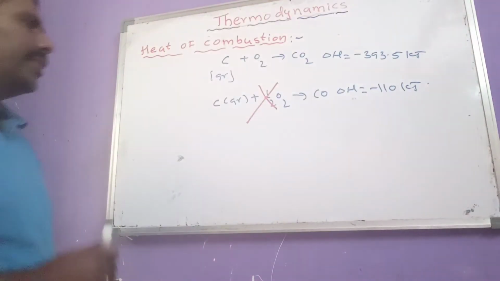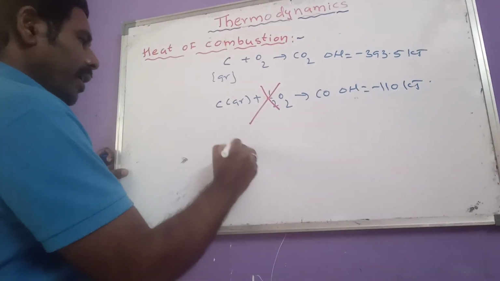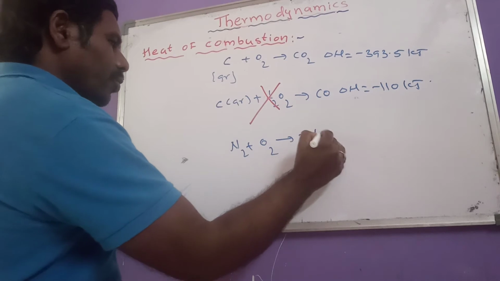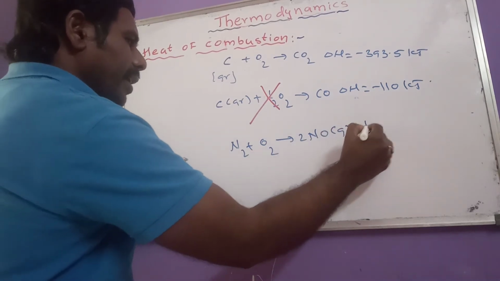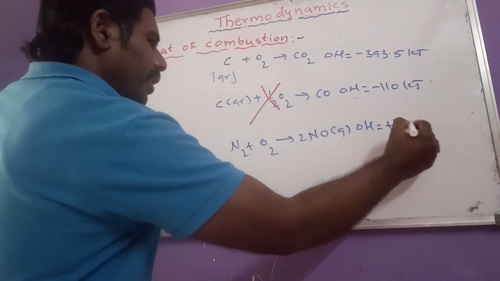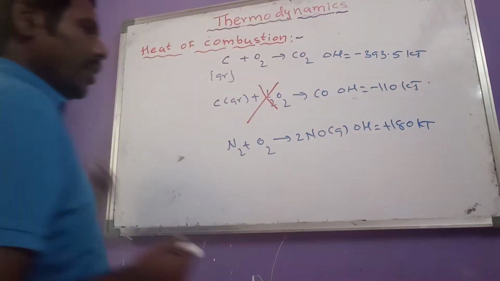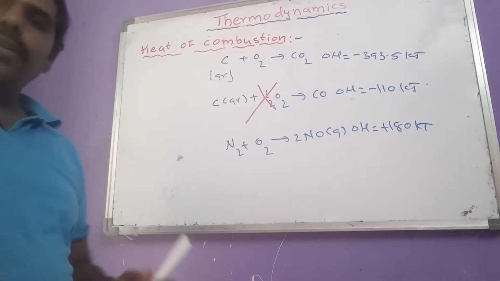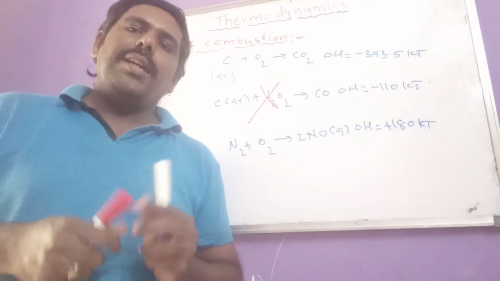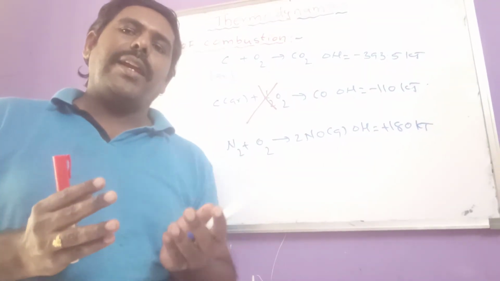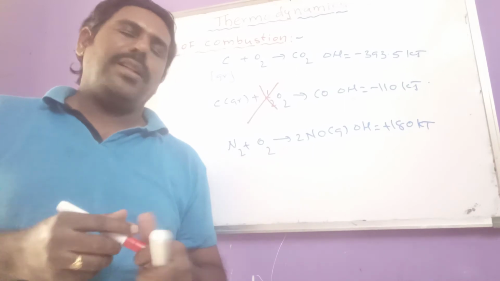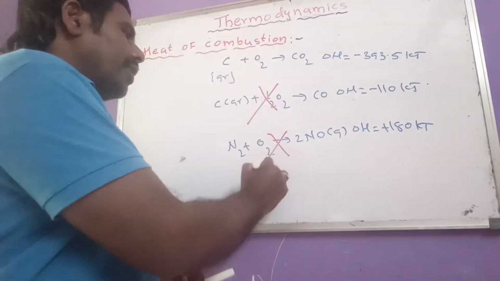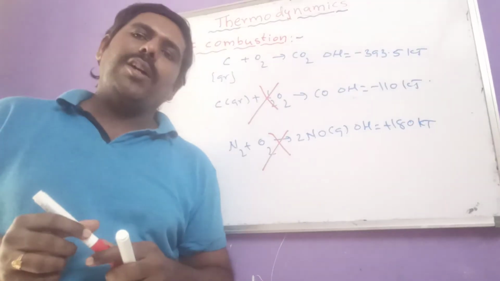Then another reaction here, N2 gas plus O2 gas gives 2NO gas, delta H value plus 180 kilojoules. Now, here delta H value is positive. Just now we stated that delta H is always negative for a combustion reaction. But here we got positive. So, this also does not come under heat of combustion.